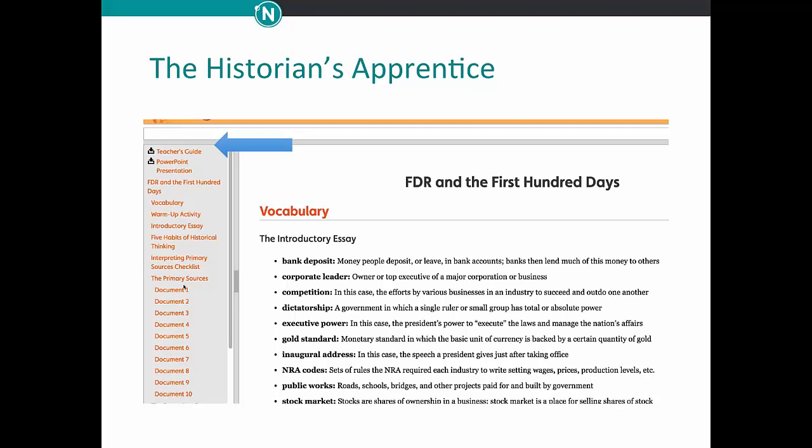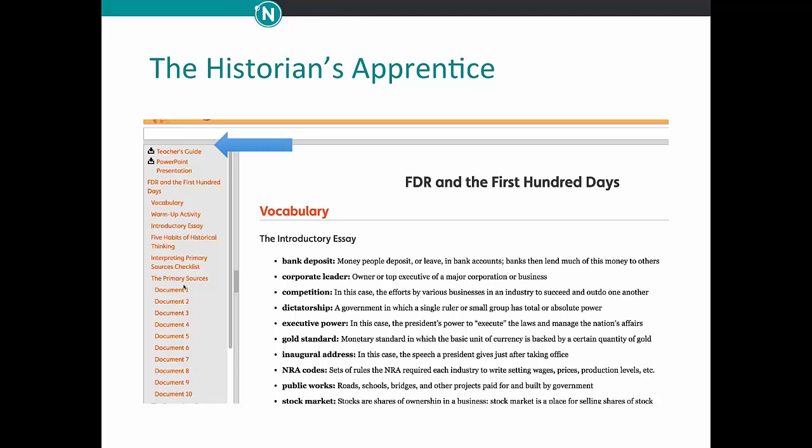But sometimes I just like to have a hard copy of the resources so I can view them, not on a screen, but on a piece of paper at my leisure, and I can get an idea of exactly what I'm looking for and how I want to plan this out.